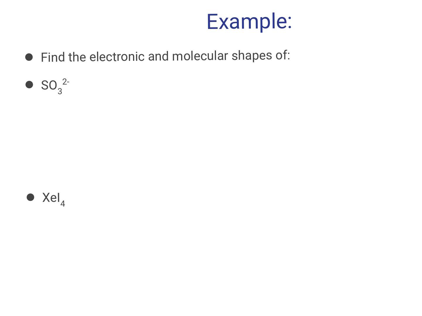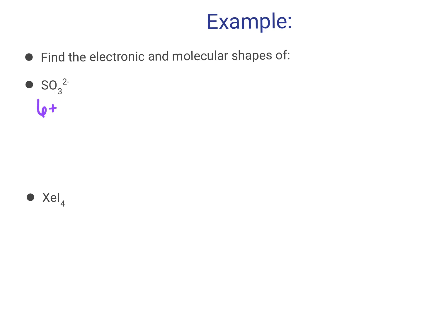If you look at the steps you just wrote down, what's step 1? Okay, you have to have a correct Lewis structure first. So the first thing we do when we draw a Lewis structure is, what do we count? Valence electrons. How many valence electrons are in sulfur? 6. What about oxygen?